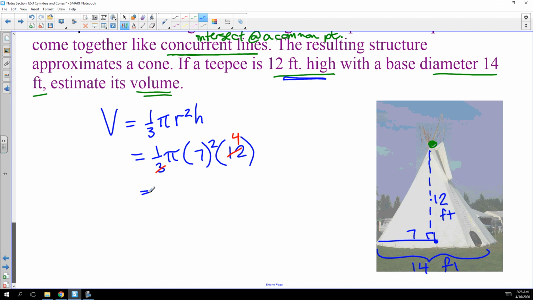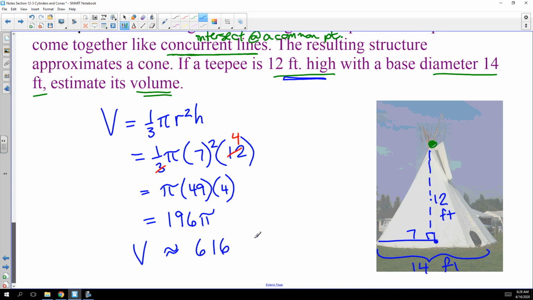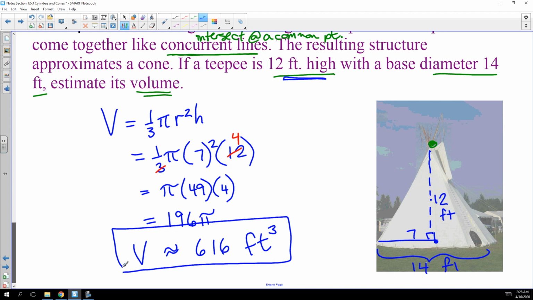Now I've got pi times 49 times 4, and 49 times 4 should be 196 pi. And clearly we don't want to leave an answer like that, so we're going to approximate that to the nearest foot. So the volume of the teepee is approximately 616 cubic feet.